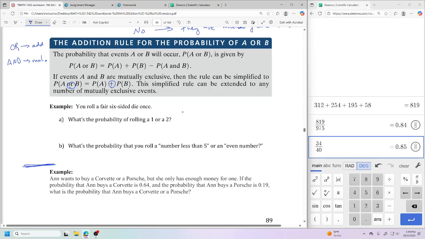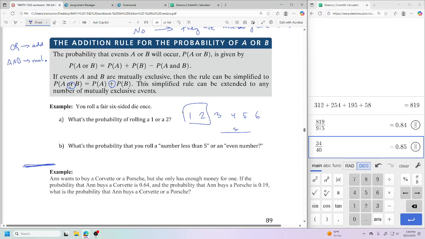So we got a 6-sided dice. It says, what's the probability of a 1 or a 2? So I got 1, 2, 3, 4, 5, 6. Those are my options, and I want to physically select them. How many get selected? Which ones get selected? It says 1 or 2. Which ones? 1 and 2, exactly.